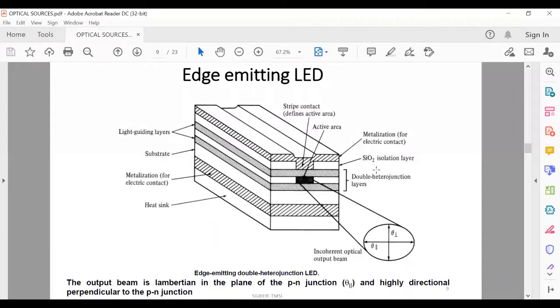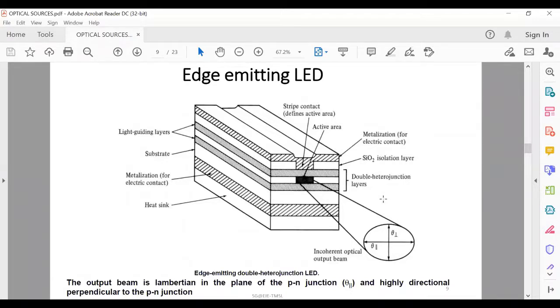Now, this edge emitter emission pattern is more concentrated or more directional, providing improved coupling efficiency. And the beam is Lambertian in the plane parallel to the junction, but diverges more slowly in the plane perpendicular to that particular junction.